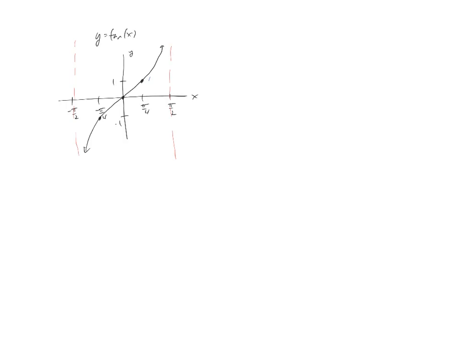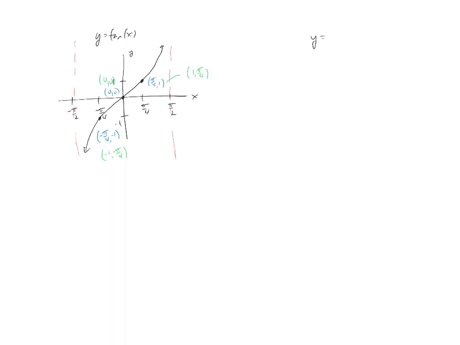Originally our points here are at pi over 4, 1, 0, 0, and negative pi over 4, negative 1. We'll flip those around to 1, pi over 4, 0, 0, and negative 1, negative pi over 4.